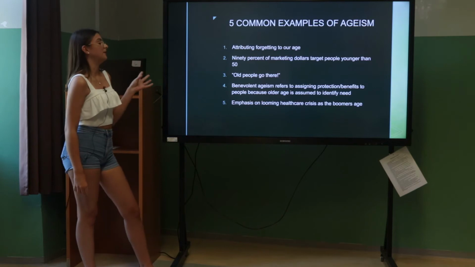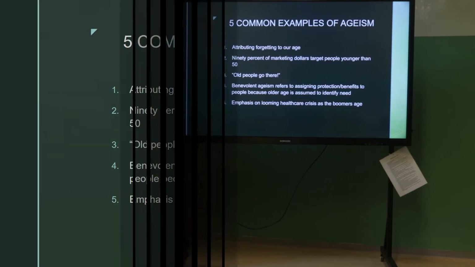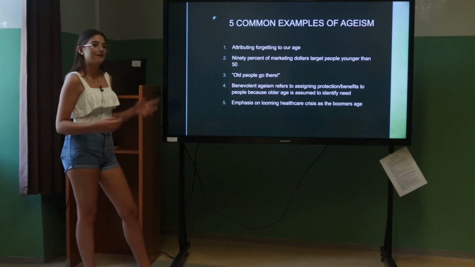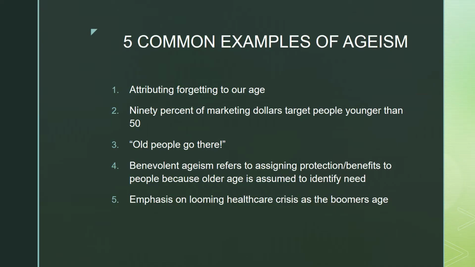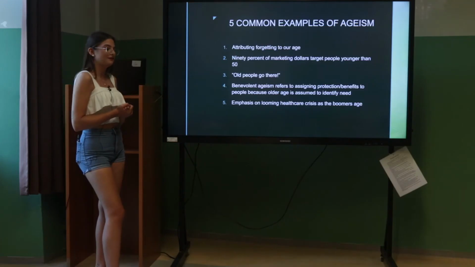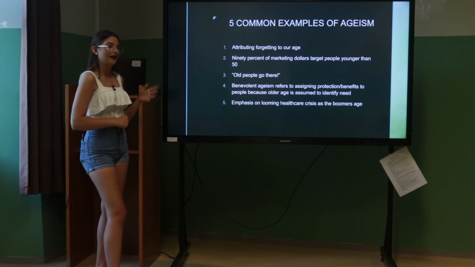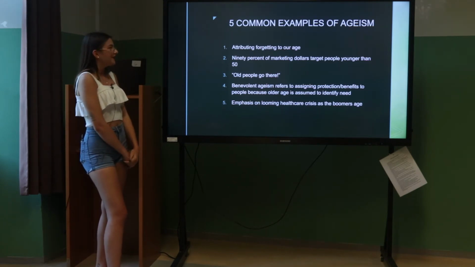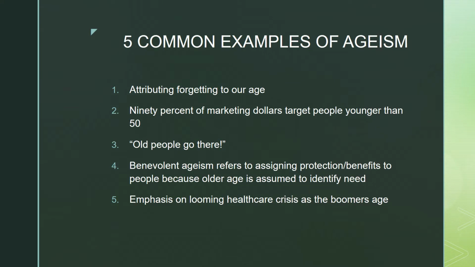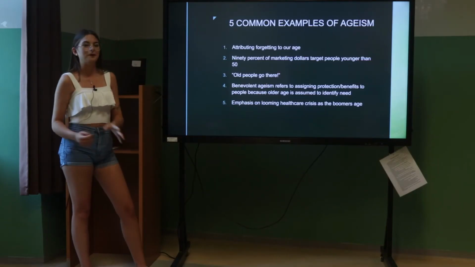There are 5 common examples of ageism. Attributing forgetting to our age: everyone forgets things, not just old people. 90% of marketing dollars target people younger than 50. This doesn't include the elderly, who can be really hurt by this. The good old saying, old people go there: there is no such thing as old people places.